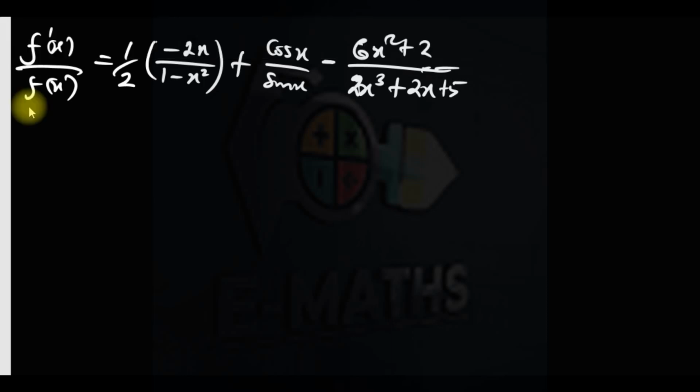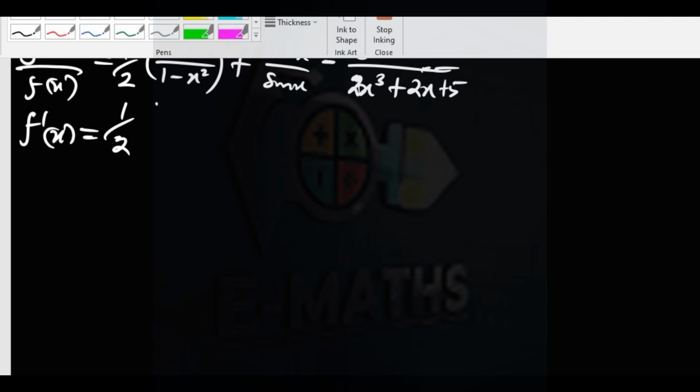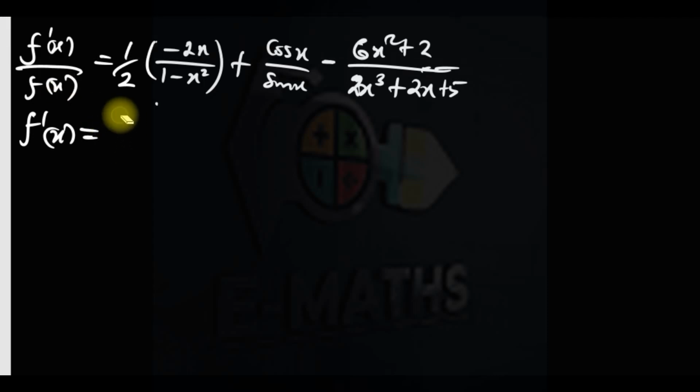So we are going to make f prime x the subject of formula here. So making it the subject of formula, we have that f prime x is now the product that you cross multiply. You have all this. Okay, we can reduce this. So we can still write this as x over (x squared minus 1). What I did is 2 remaining, minus. So that minus will come down. So 2 times this. So I now have x squared minus 1, so that we remove the negative sign entirely.